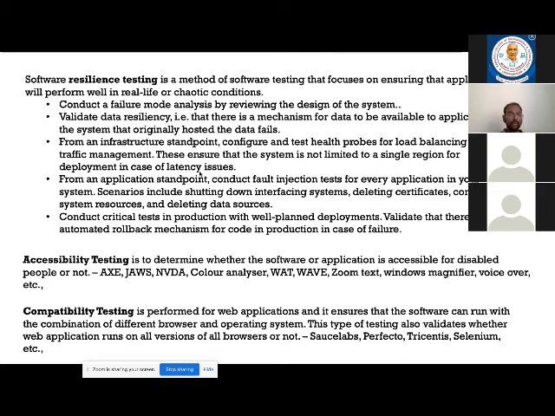So how can we actually do it from a single region? What happens if you have a catastrophic failure? Say you have used Azure as a platform to host your product, and you are in 3 different regions: one in North America, one in Southeast Asia, one in Africa.